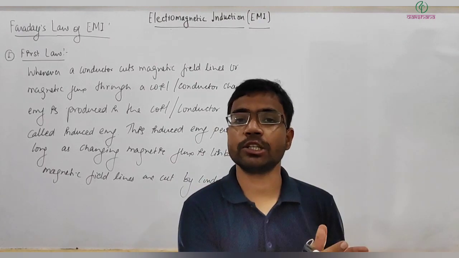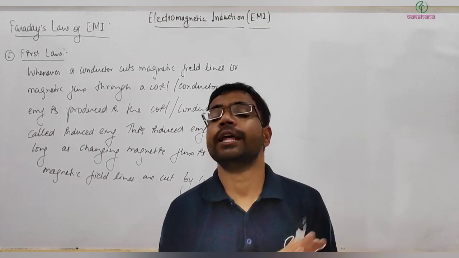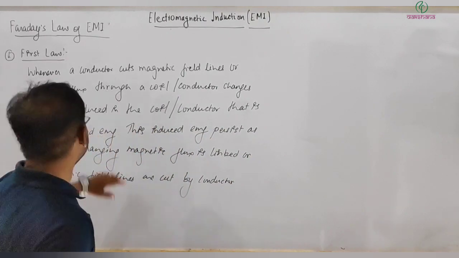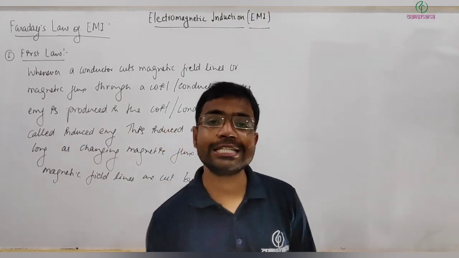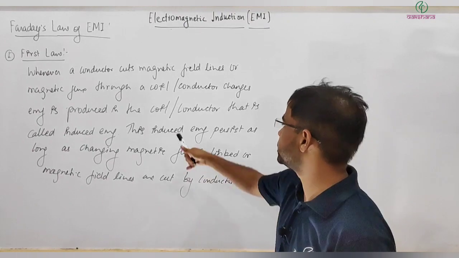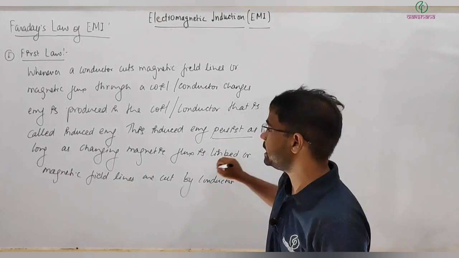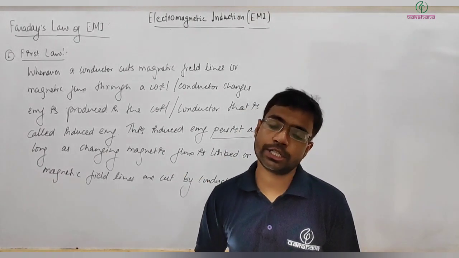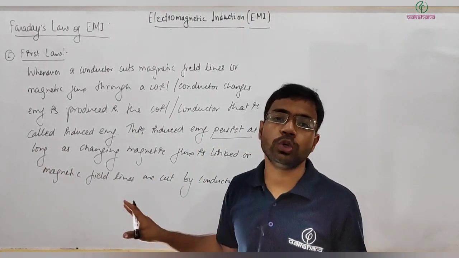Once the flux passing through a conductor or coil is either zero or constant, there's no induced EMF, right? So simply, whenever a conductor cuts magnetic field lines or the magnetic flux through a coil or conductor changes with time, EMF is produced in the coil or conductor, and this is called induced EMF. This induced EMF persists as long as changing magnetic flux is linked or magnetic field lines are cut by the conductor. Once the flux is constant, there is no EMF.